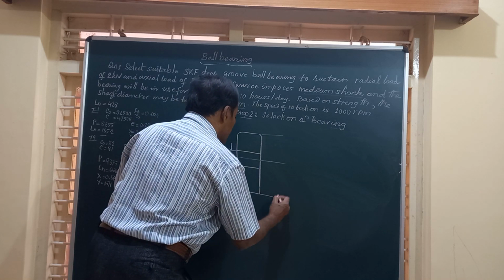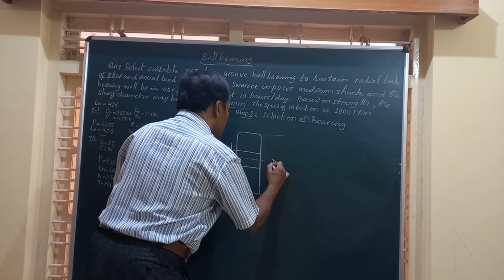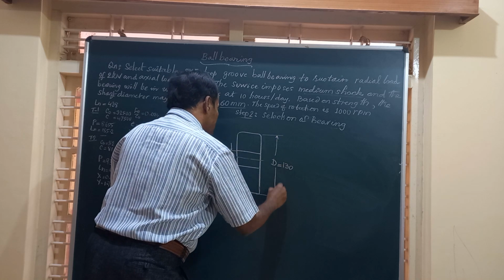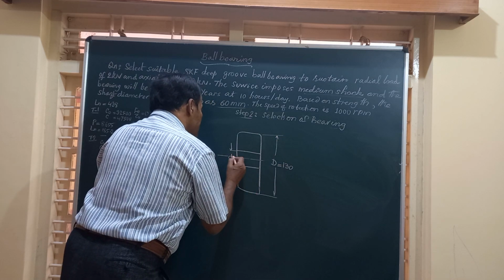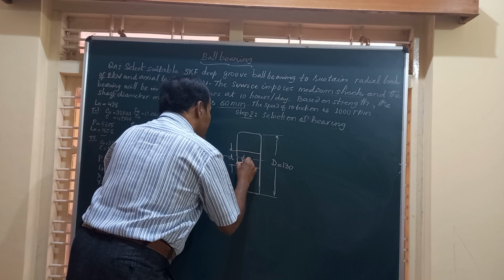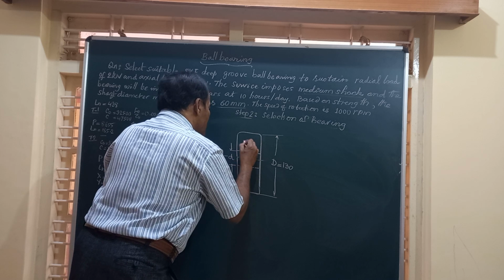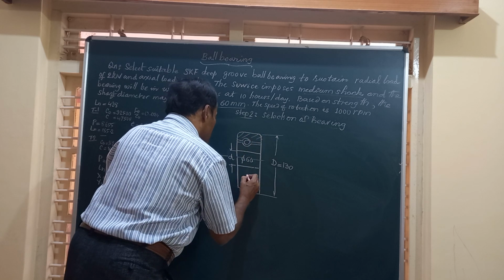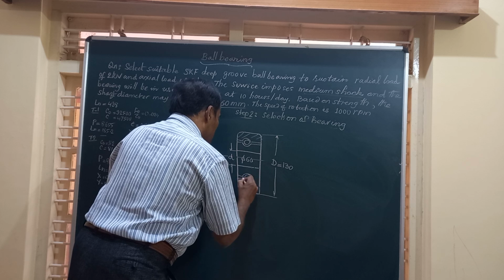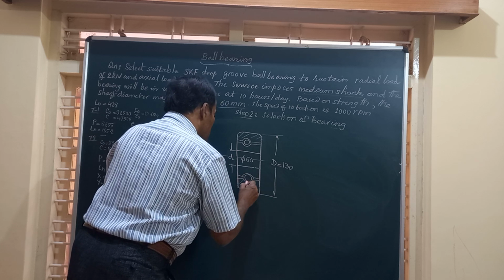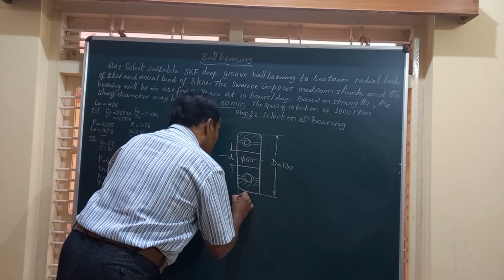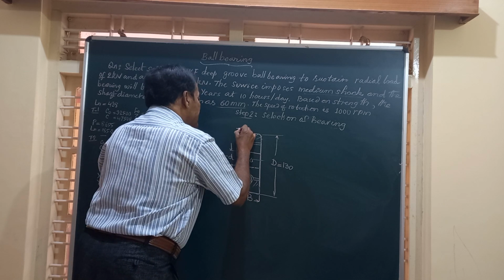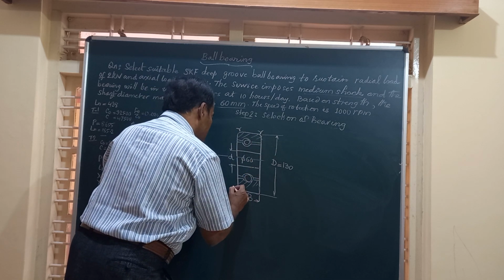The outside diameter is capital D, which works out to 130. This is again copying from the handbook. Diameter is given to be 60. I will write down here 60. That is given, and we will have this simple sketch of this ball bearing. And friends, you will have what is called the width of the bearing, capital B, and the fillet radius R at all the four corners.